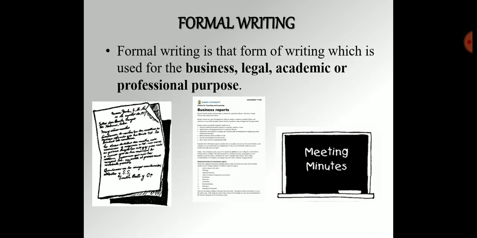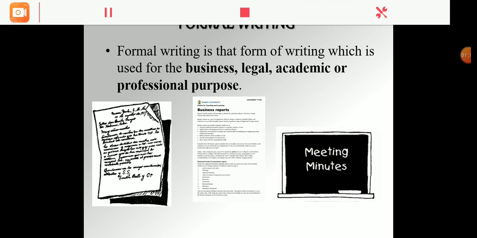Formal writing is that form of writing which is used generally for business, legal, academic, or professional purposes. Generally, formal writing is undertaken in a situation with a main purpose. Under formal writing, the main aspect is technical writing.